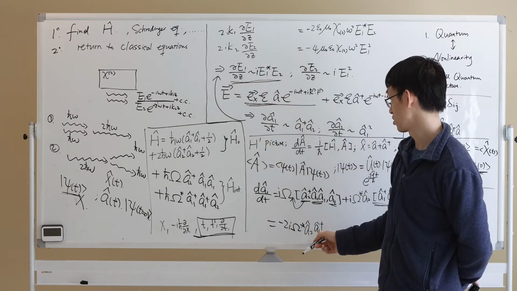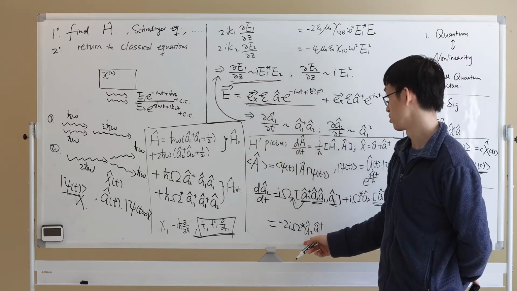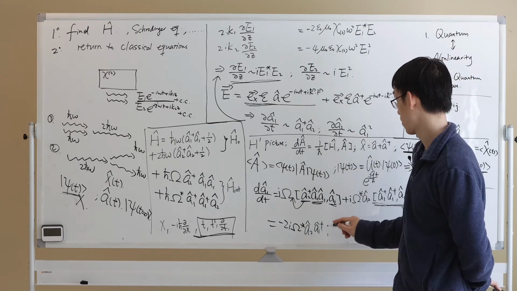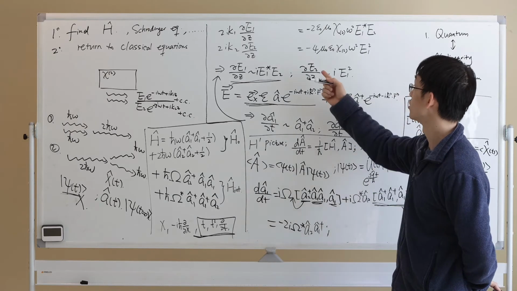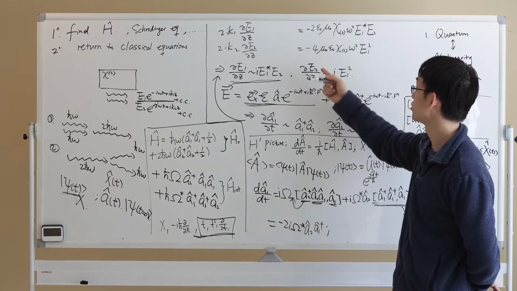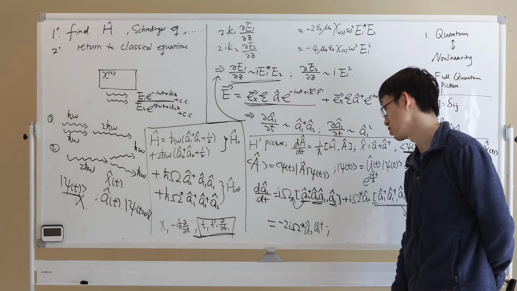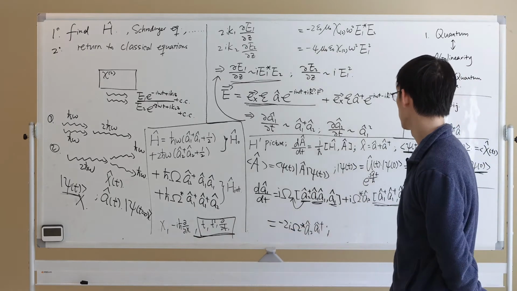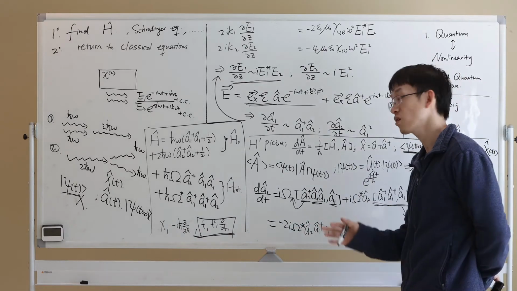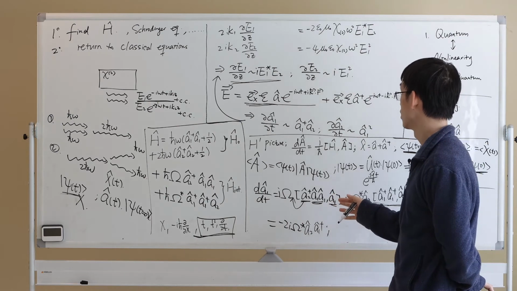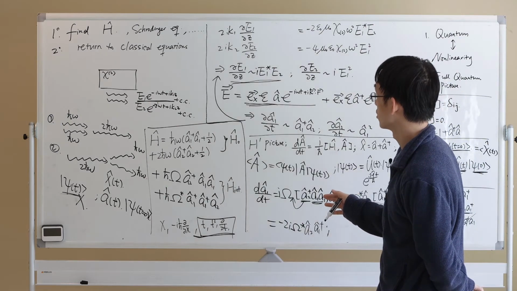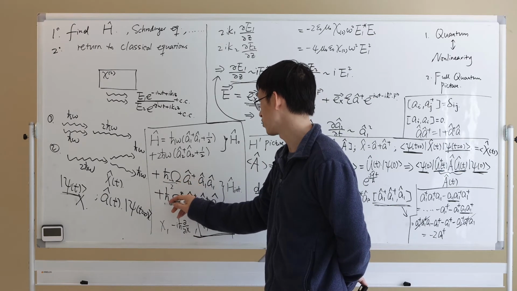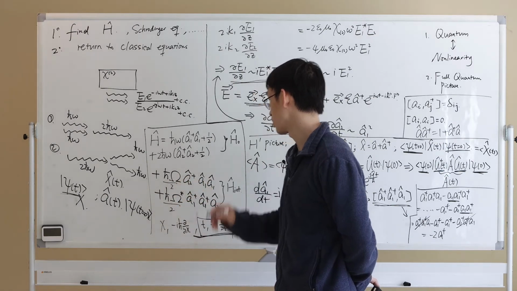E1 star is just A1 dagger, E2 is just A2. Okay, so you can do the same thing for operator A2, to see that this equation is actually the same. And notice a factor of 2 here. This is exactly the reason why in a lot of cases, when you read textbooks or papers, people actually have a factor of 2 here.